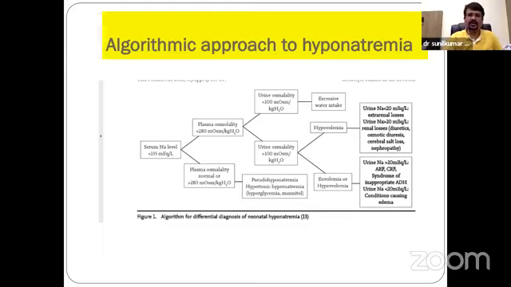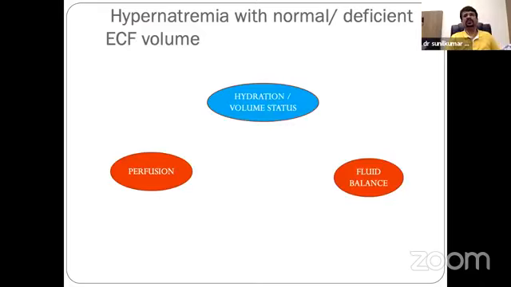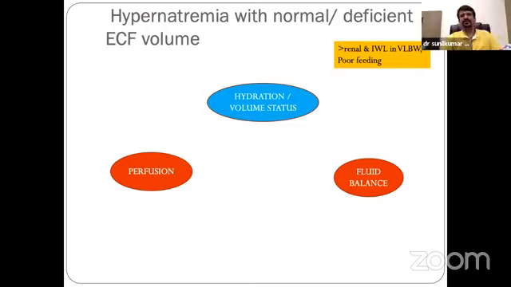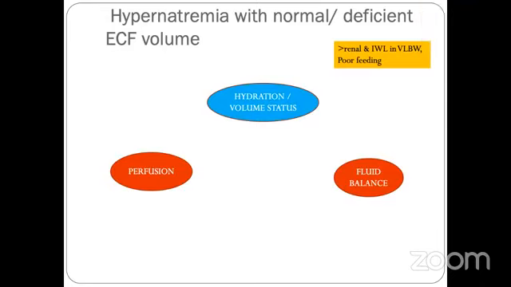Okay, so next coming to hypernatremia. There also we can differentiate based on the volume status, based on ECF volume status. Okay, so hypernatremia with normal or deficient ECF volume. So what are the conditions? It can be because of excessive water loss, renal water loss, or insensible water loss in premature babies, or poor feeding.